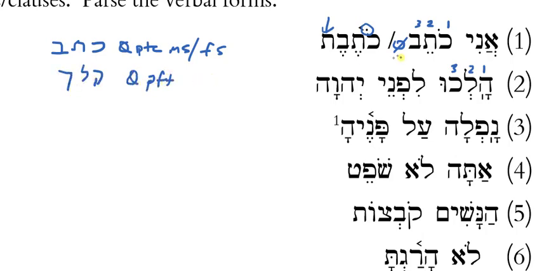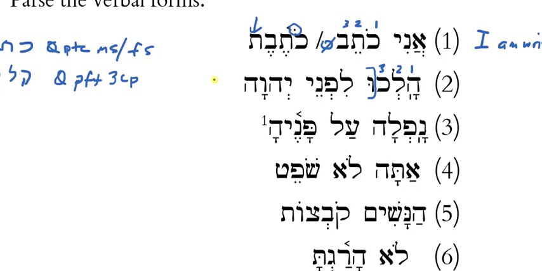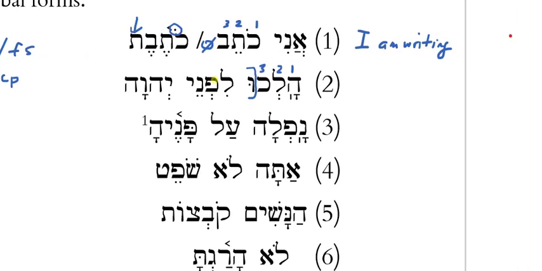And if it's a perfect, what does a shureq on the back side of a perfect tell me? Which person, gender, number? Third, common, plural. So how am I going to translate that? Who's doing this? They. So they walked.